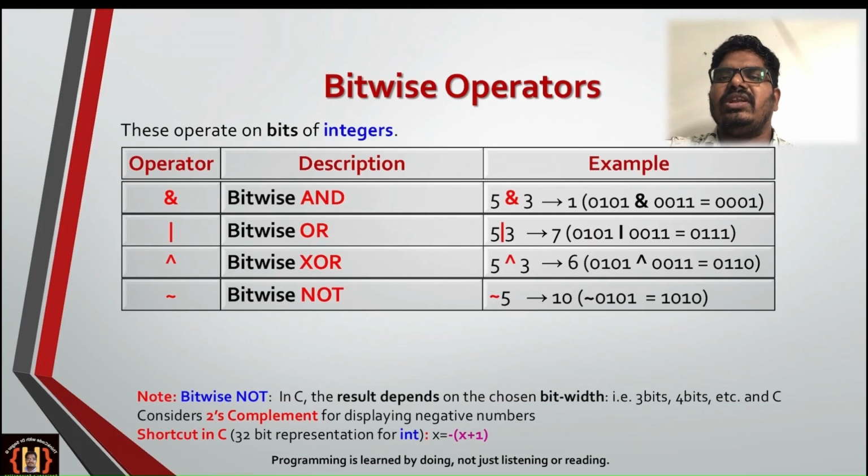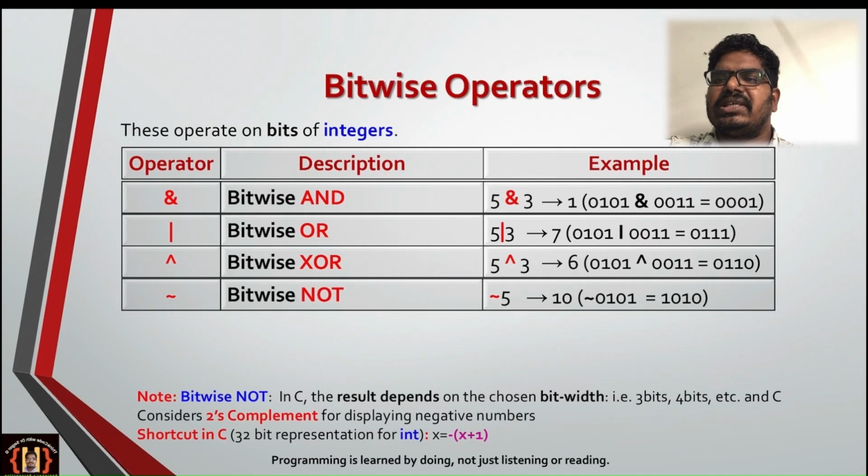In modern day, it is mostly 32 bit. With 32 bit representation, sometimes it may lead to a negative value because of the bit flipping. Bitwise NOT means you have to flip all the values. If 0 is there, 1 it becomes. If 1 is there, 0 becomes.